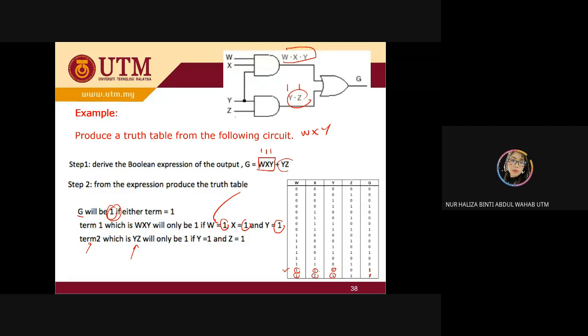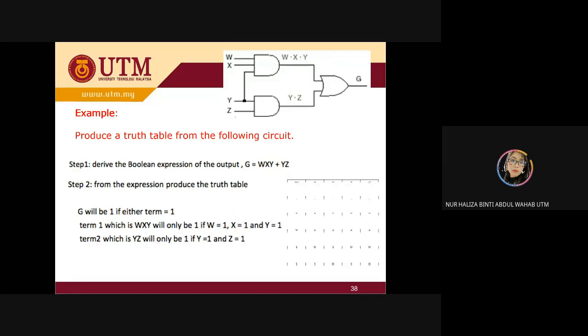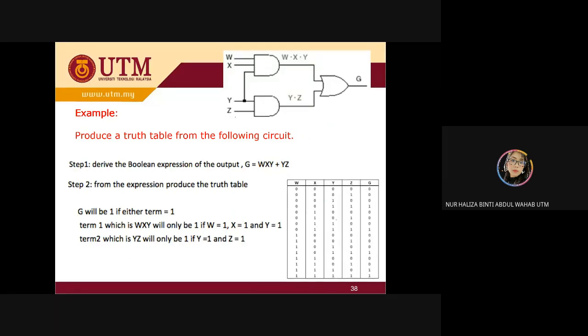Next, you have Y and Z. Y and Z, 1 and 1. This is 1 and 1 for your Z. So there is another, which is 1, and this is another 1. So why do you ignore the rest of the numbers? Basically, if you see this one, W, X, Y, you still have the Z here, but the Z will be, I forgot already.